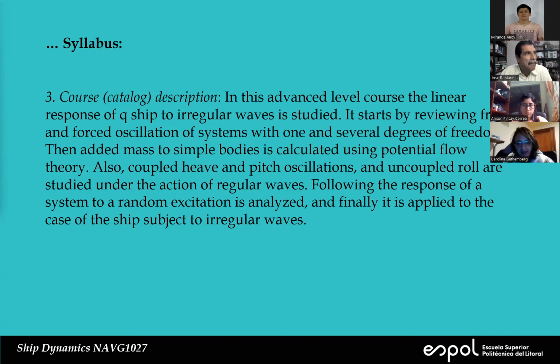Anybody? It's root mean squared. So when you have an irregular motion, usually you have an average of 0. If you take this signal up and down, up and down, you calculate the average is 0.